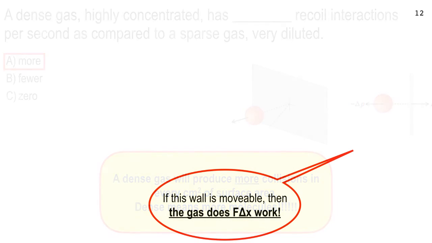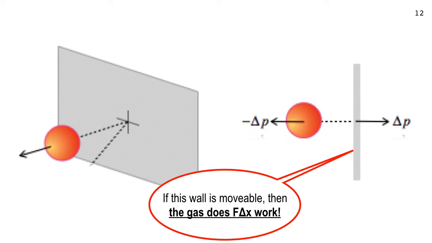Now, the other thing I want to bring out is that if the wall actually moves outward, then the gas will have done some work, F delta X. And you may think to yourself, Dr. B, how can all those little shrimpy molecules move a wall? Well, I'll give you an example.